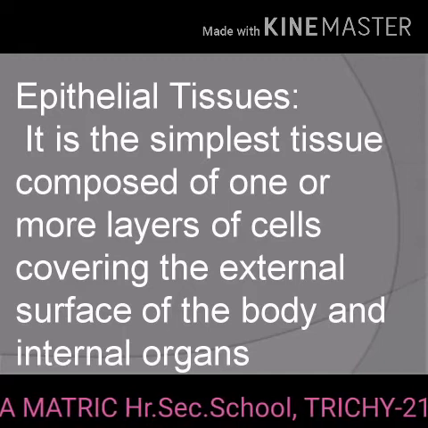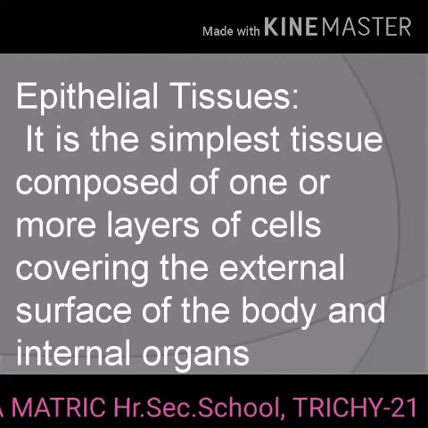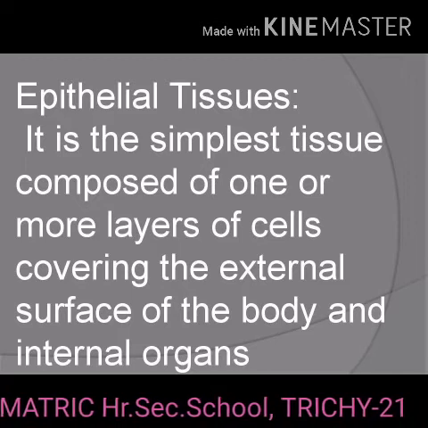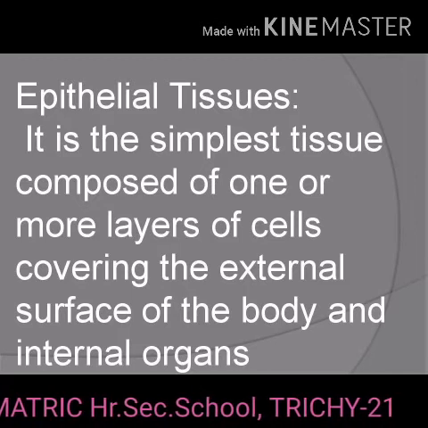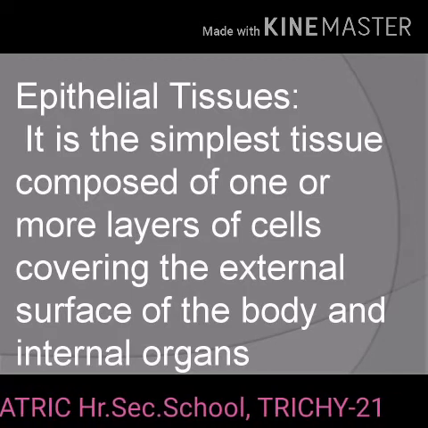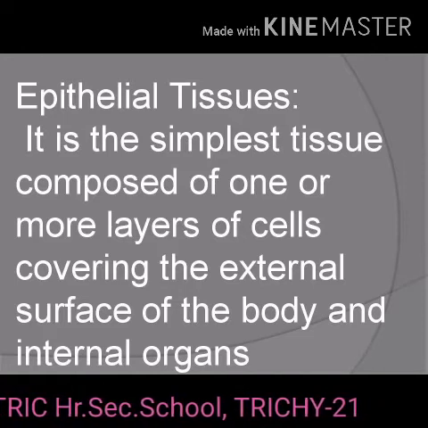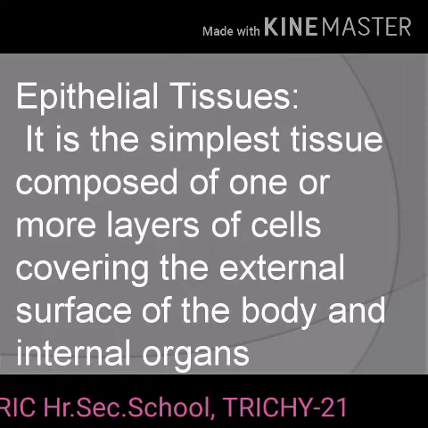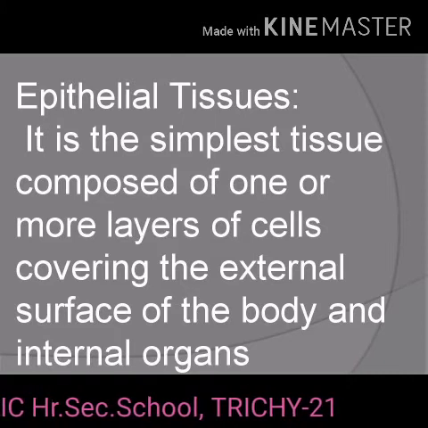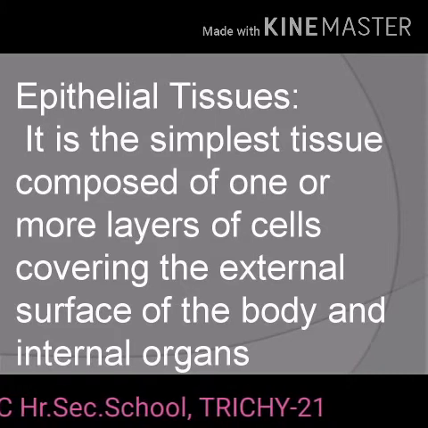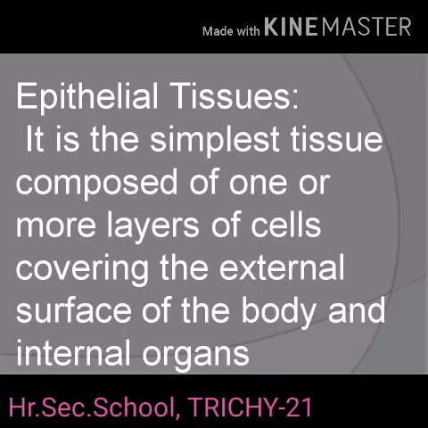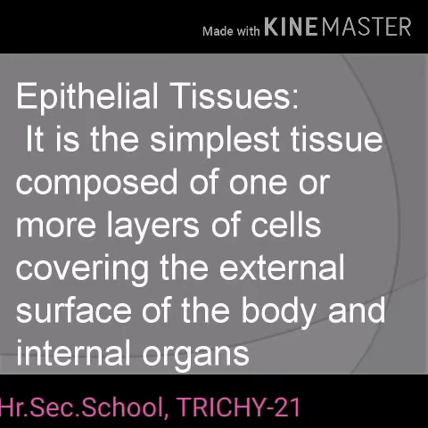Epithelial tissue. It is the simplest tissue, composed of one or more layers of cells covering the external surface of the body and the internal organs. The cells are arranged very close to each other with less extracellular material.